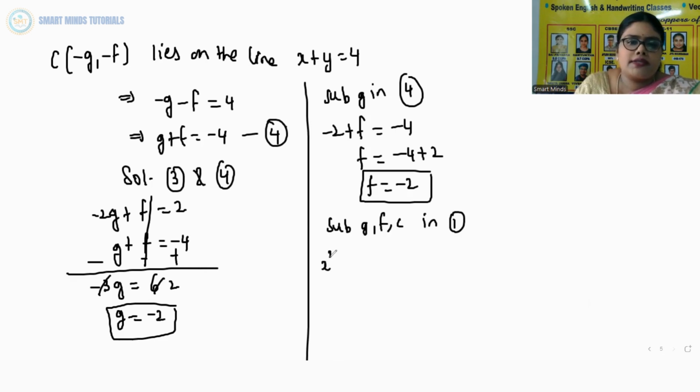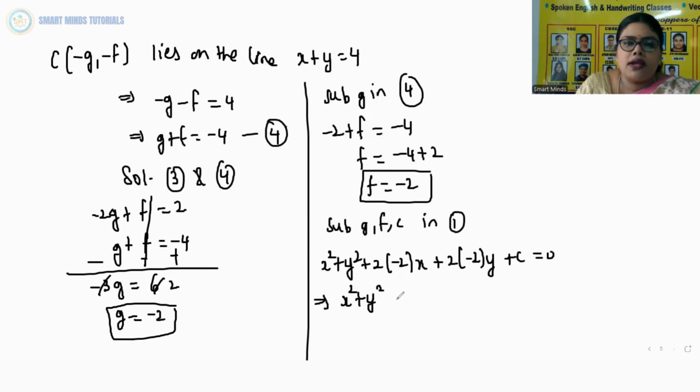So we get x square plus y square plus 2 into minus 2 into x plus 2 into minus 2 into y plus c is equal to 0. So that gives you x square plus y square minus 4x minus 4y plus 0. c is 0. So that becomes equals to 0.